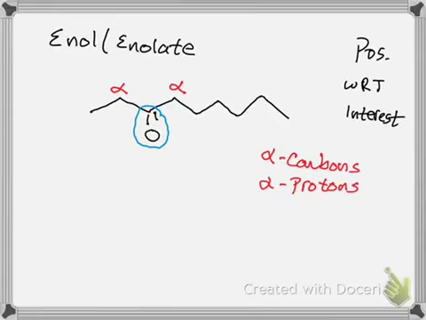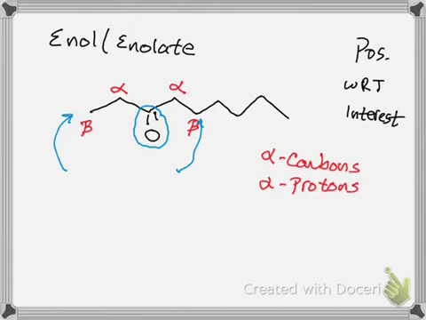Now, 2 carbons away from the site of interest would be beta. So this would be a beta position here and here. Notice that they're both called alpha and they're both called beta, even though there are 2 of them with respect to that carbonyl.